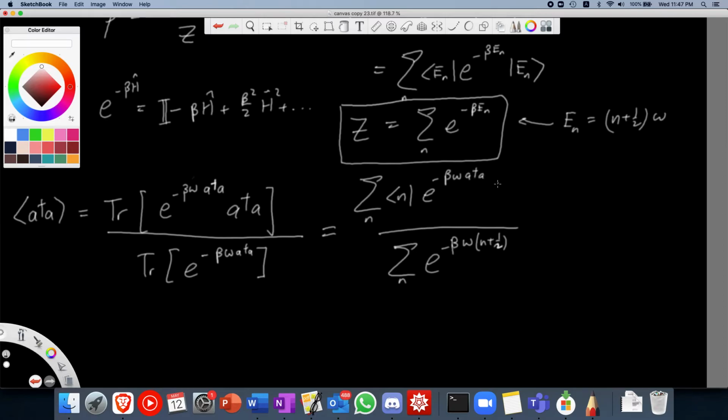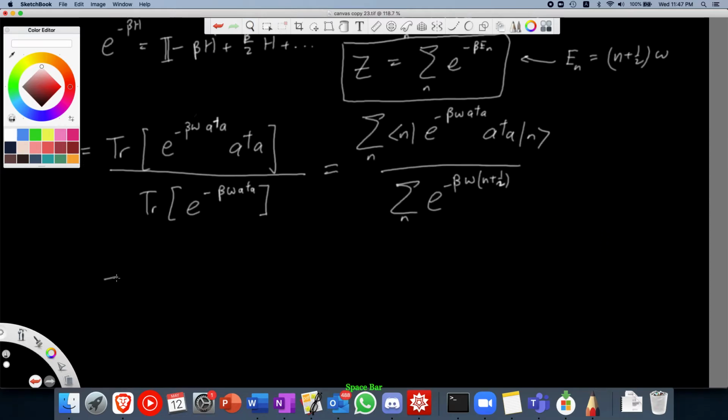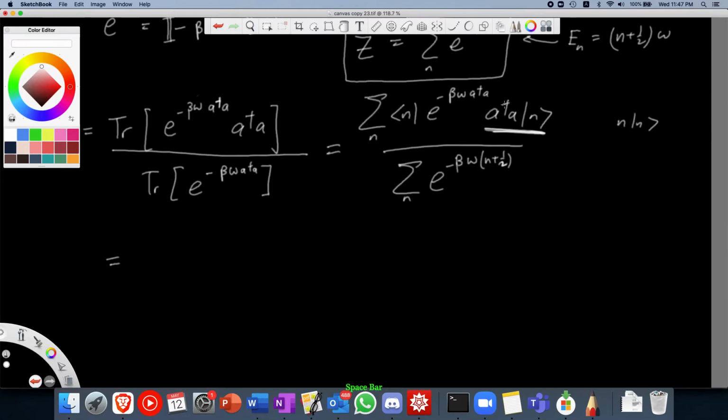A dagger A, A dagger A. So we do the sum. So what is the sum? This term over here is simply n, because the number eigenbasis is the eigenvector of this number operator. So we do this, n e to the power minus beta omega.